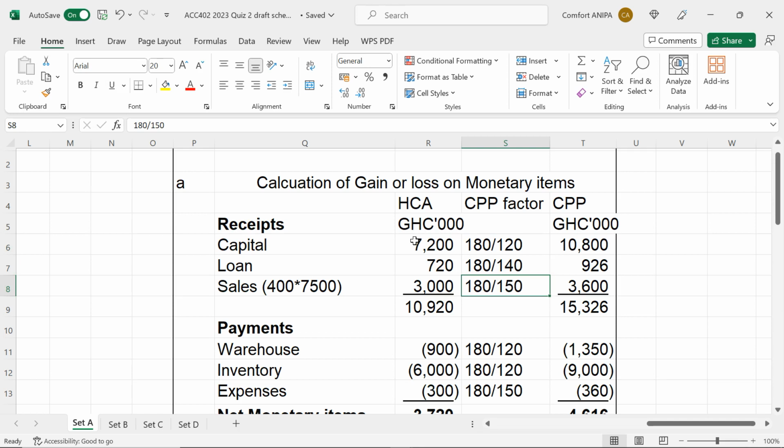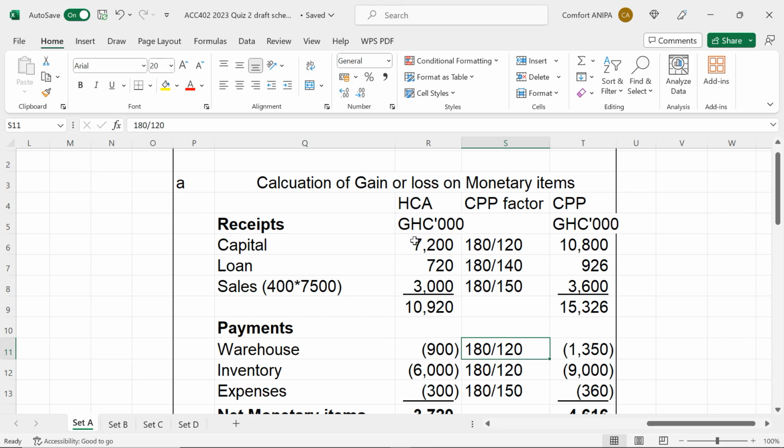So you identify these and the appropriate factor. First of all, the factor is the closing factor, the reporting date factor, over the date of entry. And so 31st December, year-end reporting date, is 180. And then you identify the date of entry of each of the items. This is January at the beginning of the year. This is in March. And this is sales.